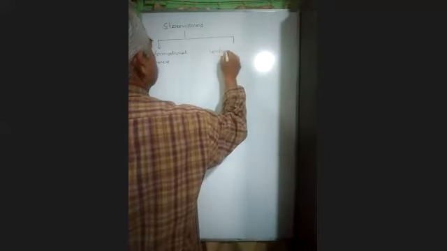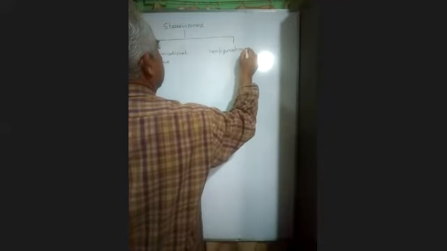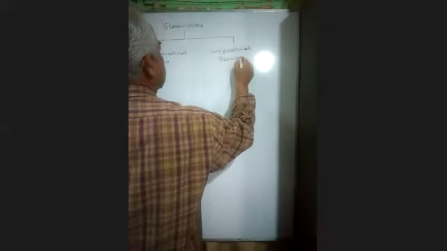The stereoisomers. I will not discuss them in detail because you are going to study them in class 12, but you should understand a little bit. Stereoisomers can be conformational isomers and configurational isomers.